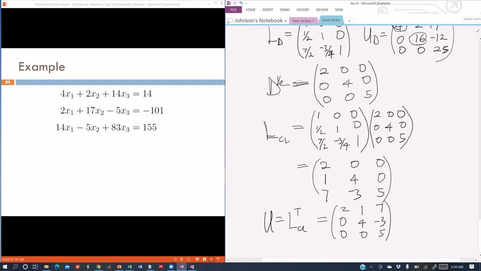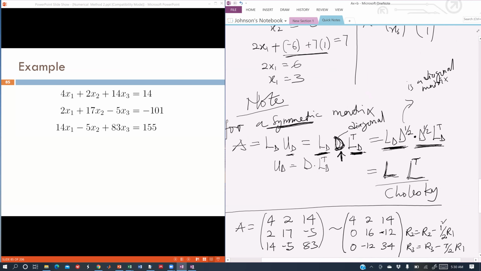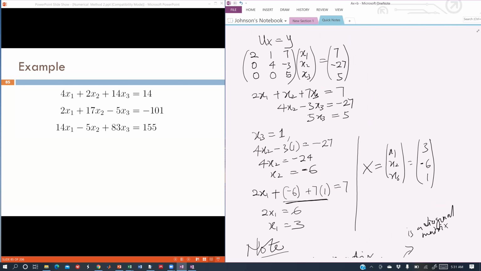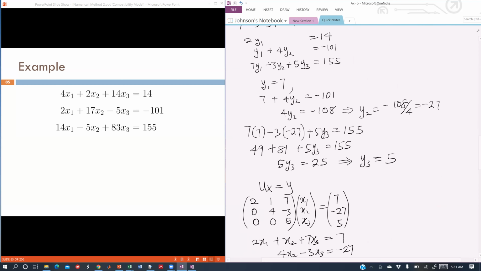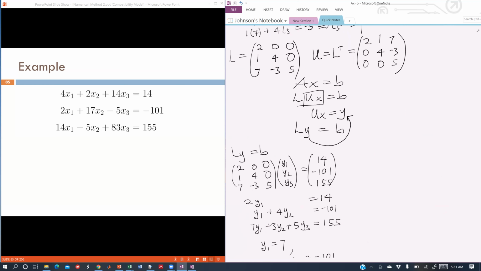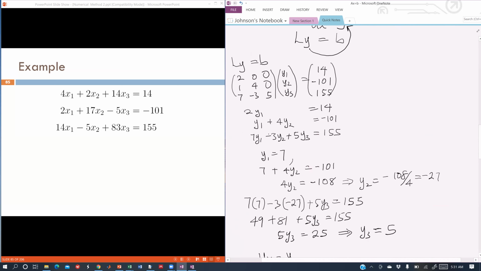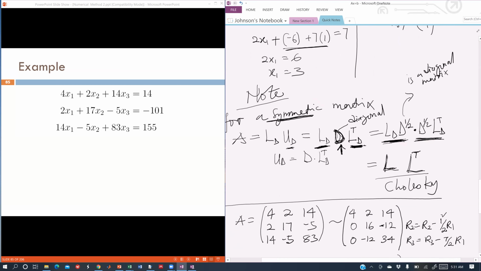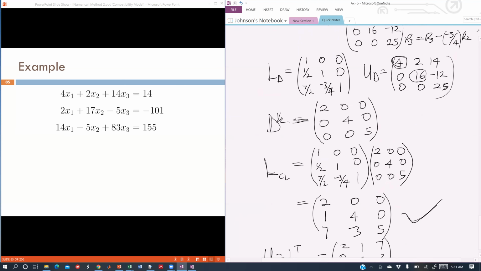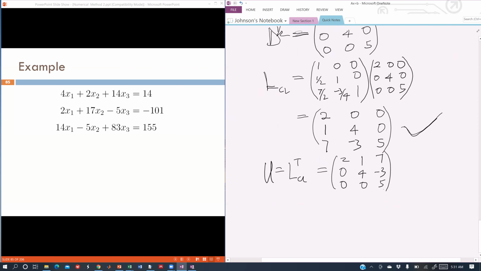So this particular lower triangular matrix is the same as the one we had over there. In the same way, the upper triangular we generate from the transpose is the same as the upper we will get from here.